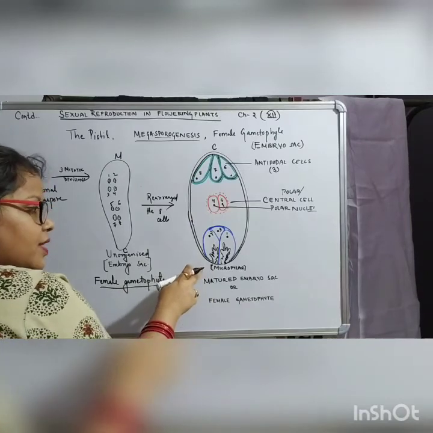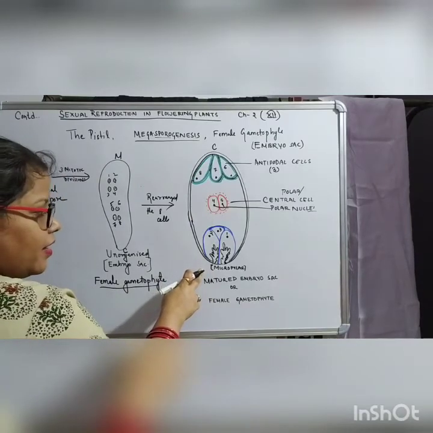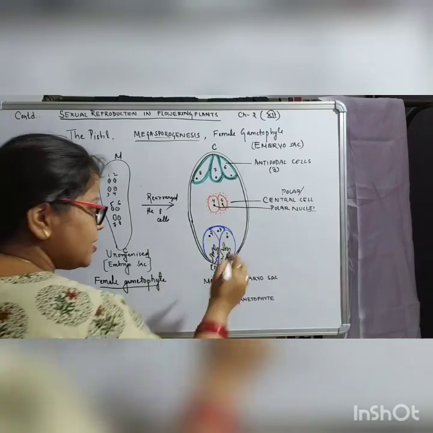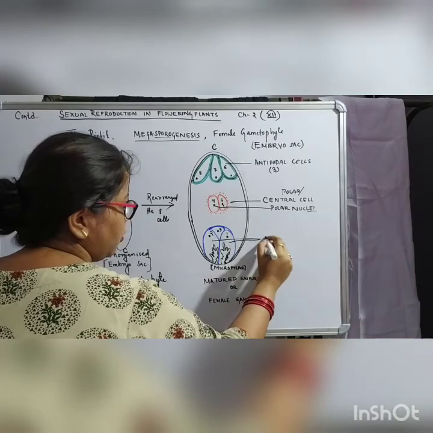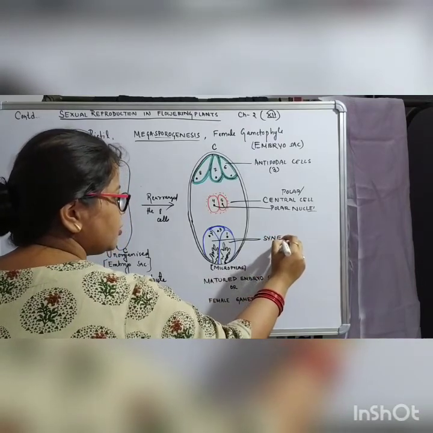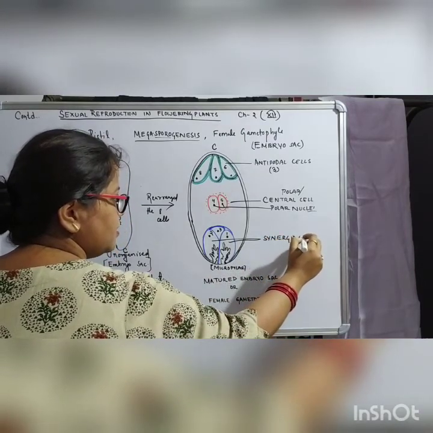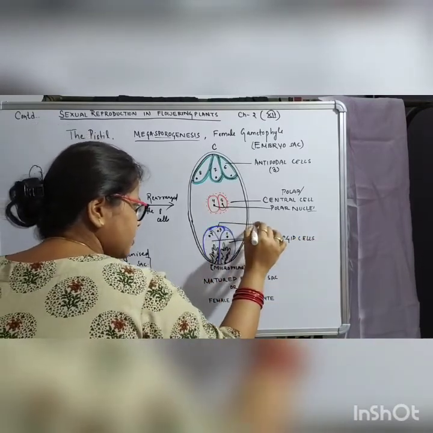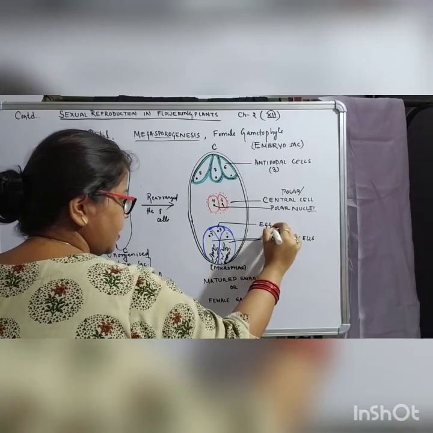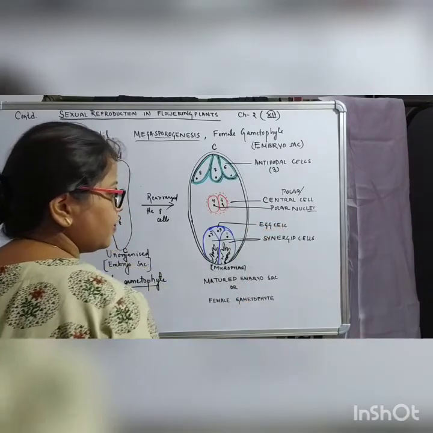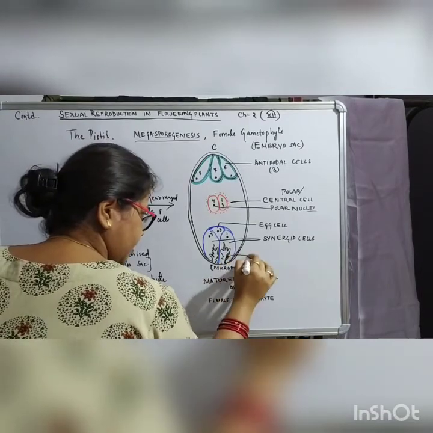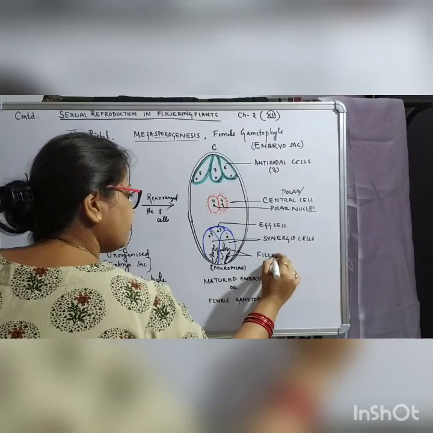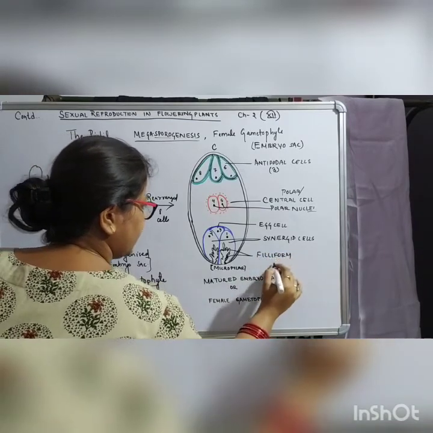Now towards the micropylar end there are left 3 cells. So this and this, the larger cells, are called synergid cells. The small one is called egg cell. These are filiform apparatus.